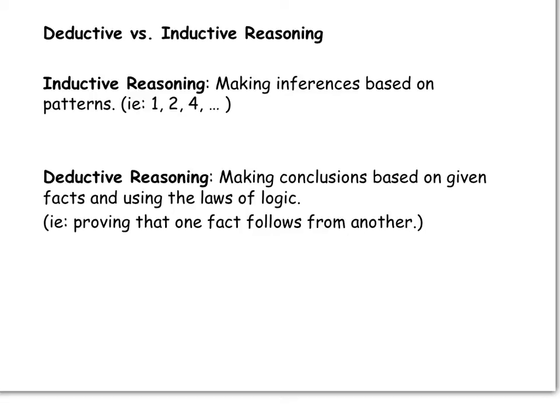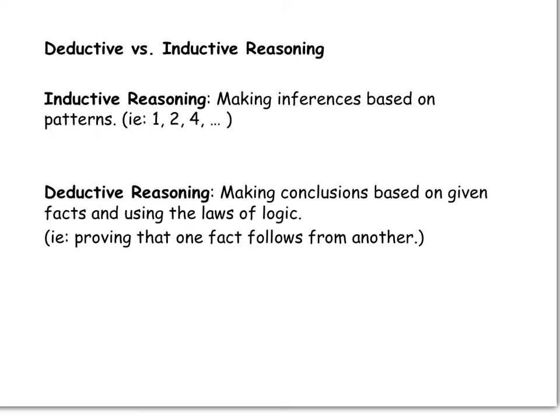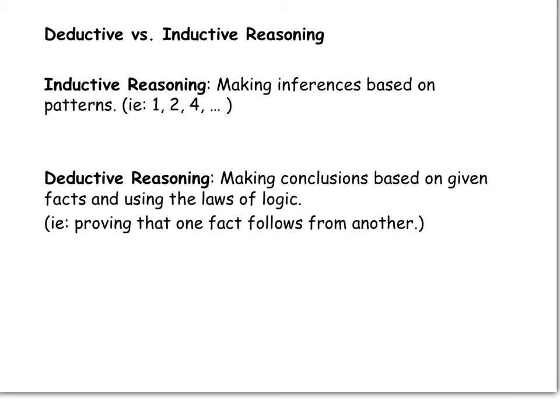So we have been studying inductive reasoning up to now, and now we're going to learn about the difference between inductive and deductive reasoning. As a reminder, inductive reasoning is when we make inferences based on patterns. In this example, 1, 2, 4, we can guess what the pattern is and see if we can continue the pattern. So we might guess +1, +2, well, I think the pattern is that we're going to now add 3 to get 7, and then add 4 to get 11.